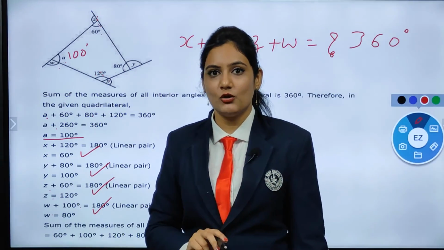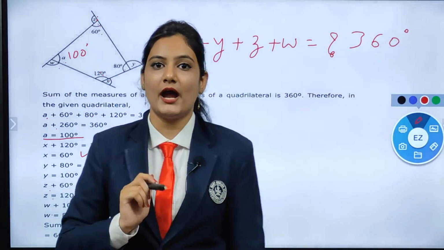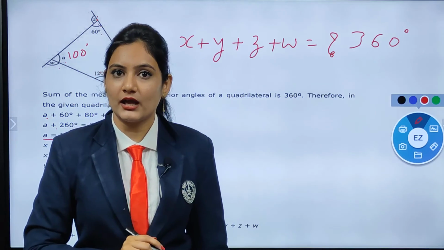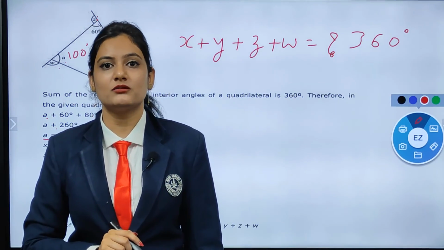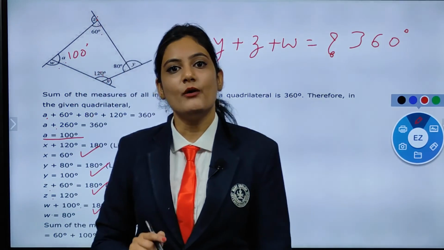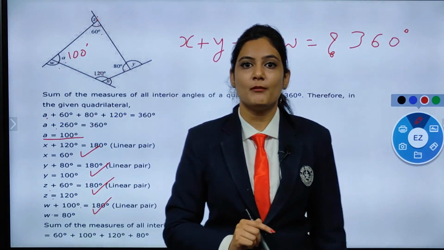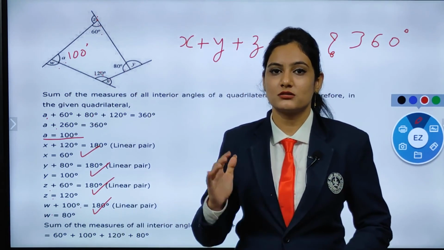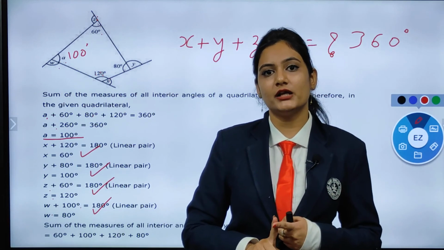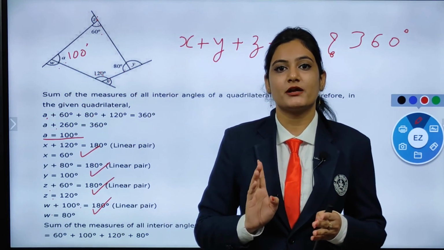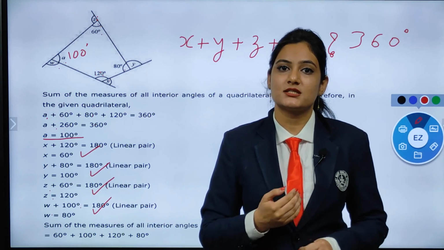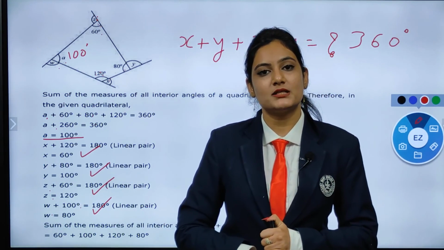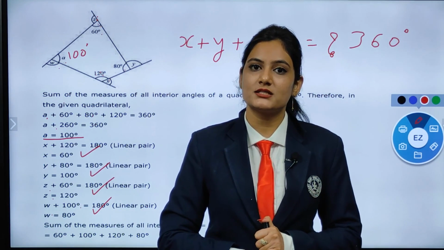In the previous video also I have told you that when you add all the exterior angles, then the answer will be 360 degree only. Now in the next video we will learn about other topics related to this chapter: finding the number of sides, number of exterior angles, each exterior angle. Those topics we will understand in our next video.